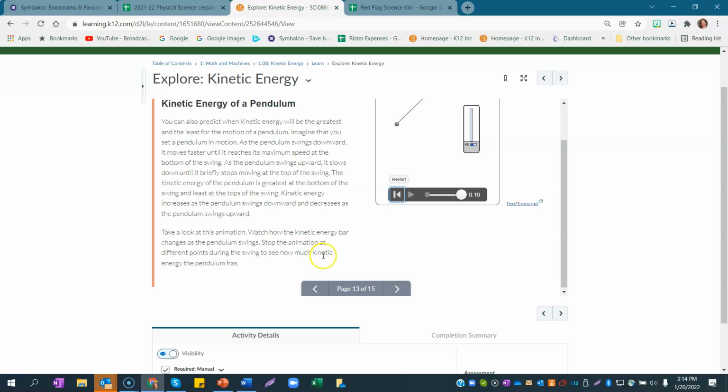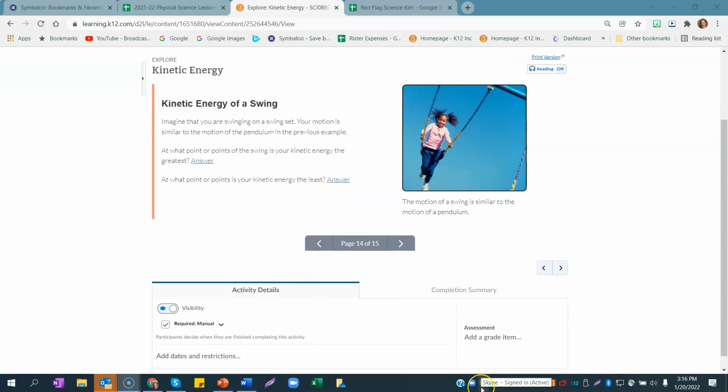So take a look at the animation. We did that. We watched the energy bar, and then you're able to see how much kinetic energy the pendulum has. All right. So the kinetic energy of a swing. Imagine that you're swinging on a swing set. Your motion is similar to the motion of the pendulum in the previous example. At what point or points of the swing is your kinetic energy the greatest?